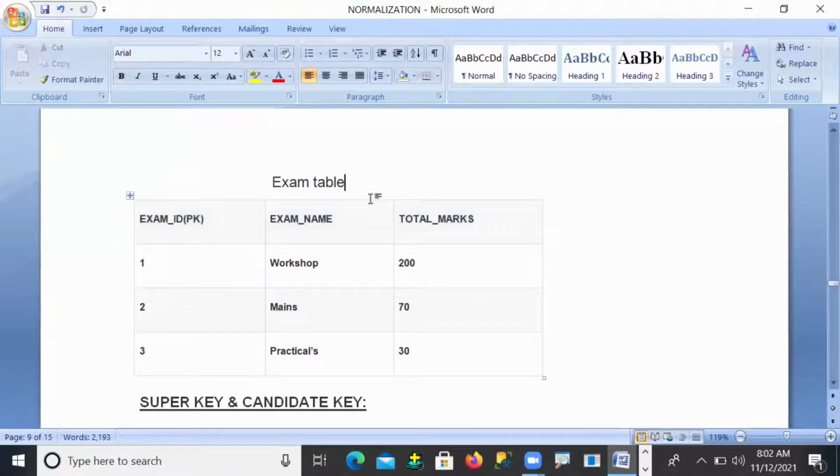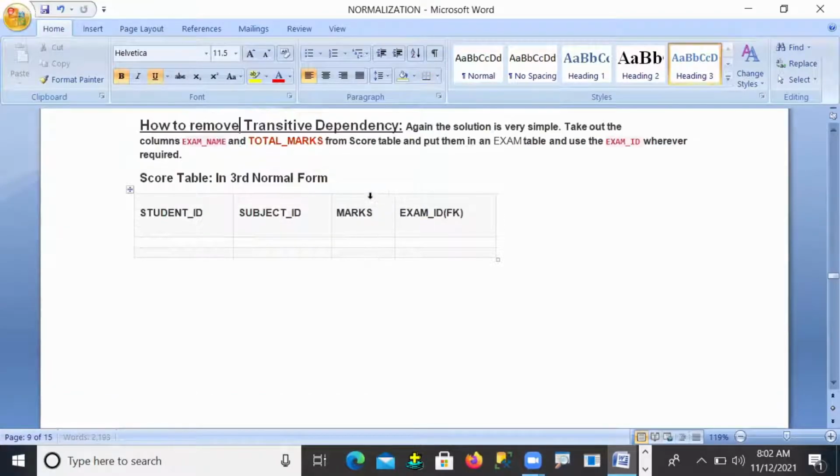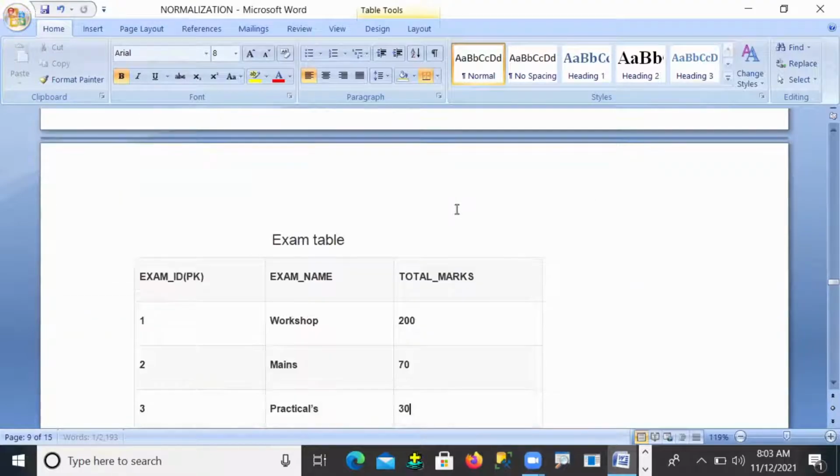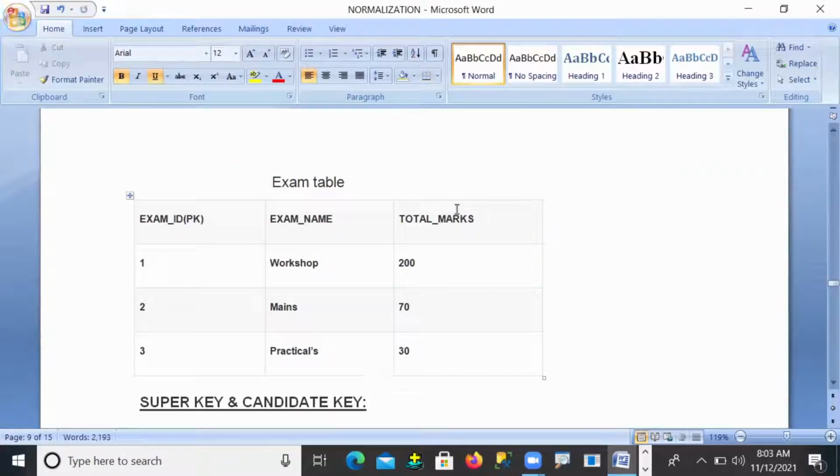Now, in the same pattern, when you come to this table, this table also has student ID, subject ID, and marks. The marks column depends on student ID and subject ID, so this also has full dependency. And this examination ID makes the relationship with your examination table. So when you find the transitive dependency columns in your table, those columns will be separated and kept in another new table.